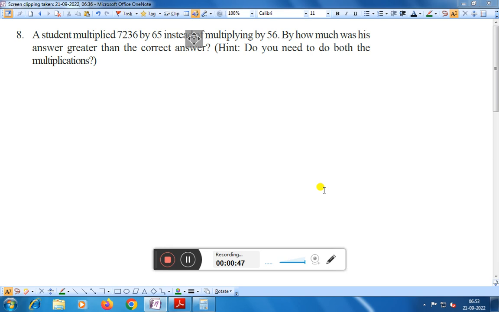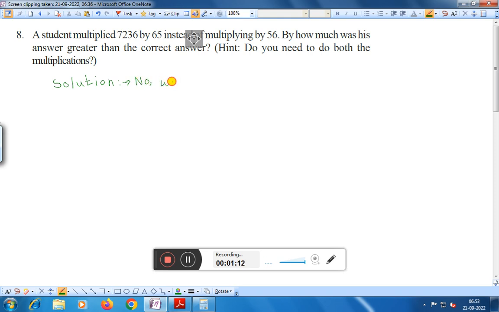Let us do the sum. That means the question is, do you need to do both the multiplications?